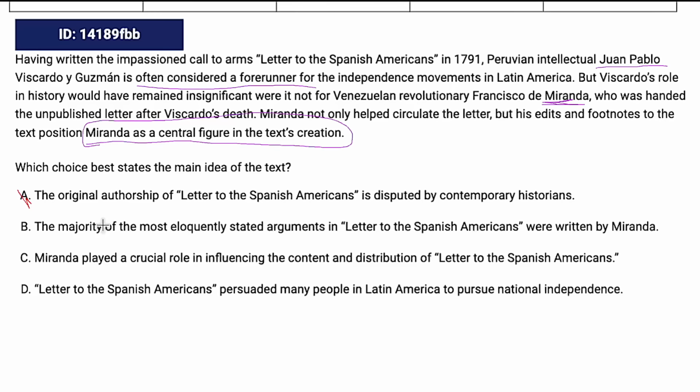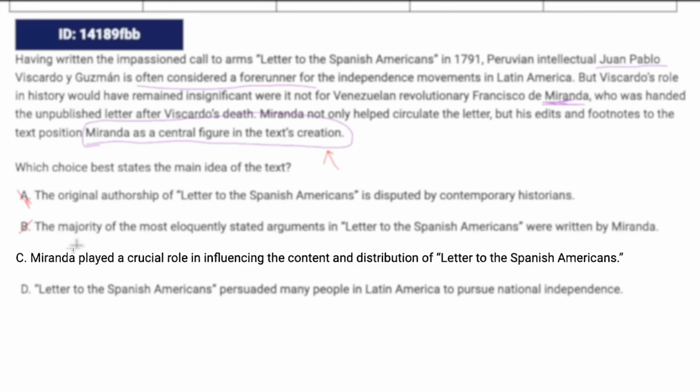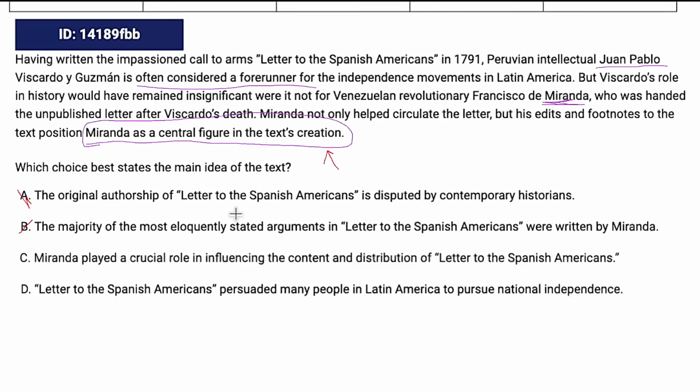Well, first of all, I'm pretty sure that's not true. It says Miranda was doing more with editing and footnotes, and also it's not the main idea that we circled here. Even if it were true, it'd be too specific, right? C, Miranda played a crucial role in influencing the content and distribution of the letter. Yeah, that totally matches with Miranda being a central figure.